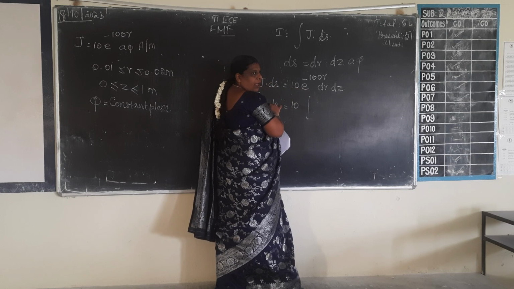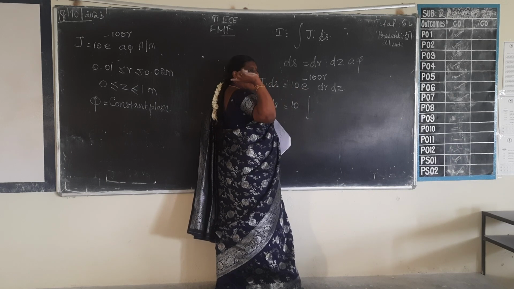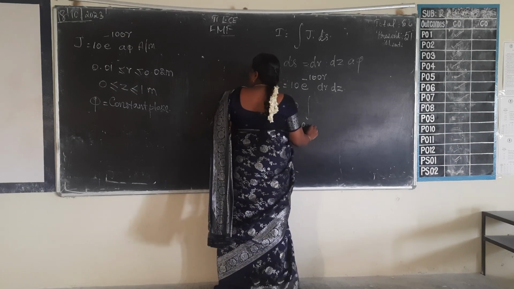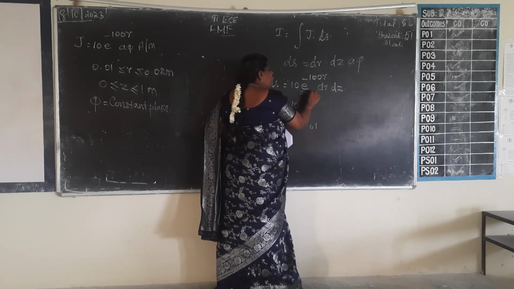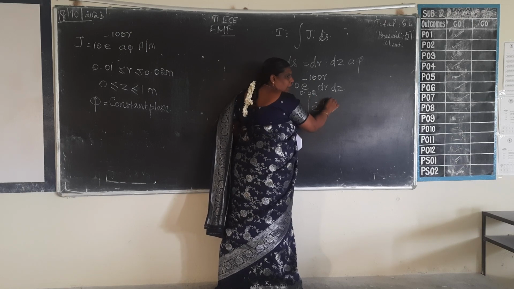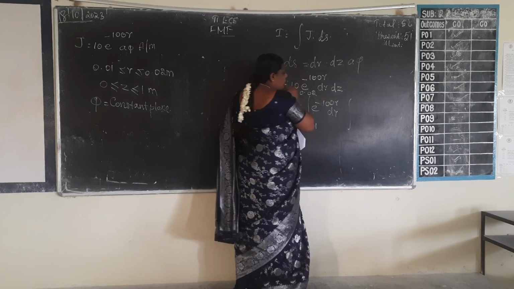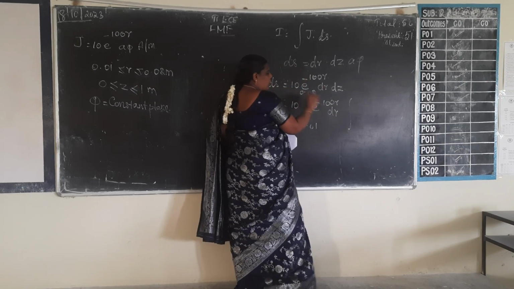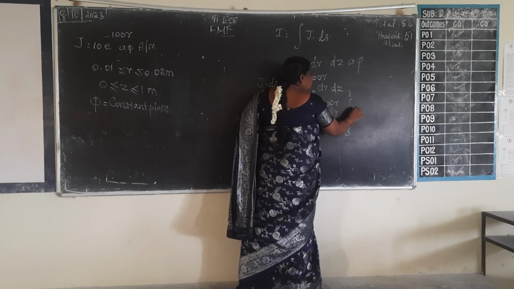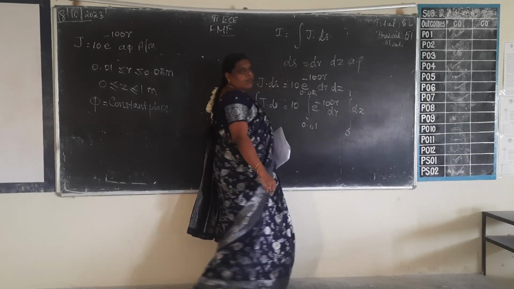Integral of r varying from 0.01 to 0.02 of e to the power of minus 100 r dr, times the integral of z from 0 to 1 of dz. That's it.